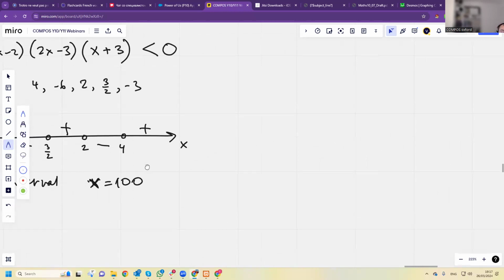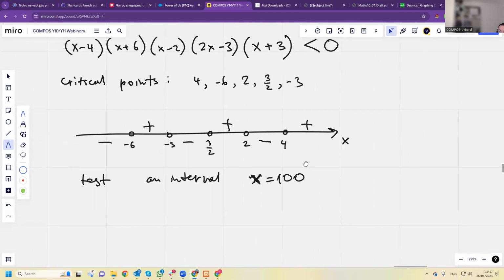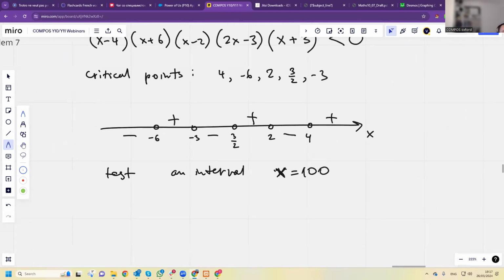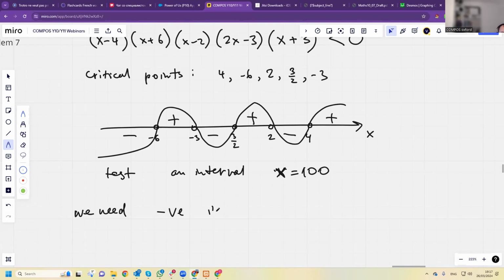Well, I'll talk more about this. I'm simplifying a little bit. So here you have it's positive here, negative here, positive here, negative here, positive here, negative here. And we're interested in the negative intervals. So we need the negative intervals, and we can say that x is less than -6, or x is between -3 and 3 over 2, or x is between 2 and 4.